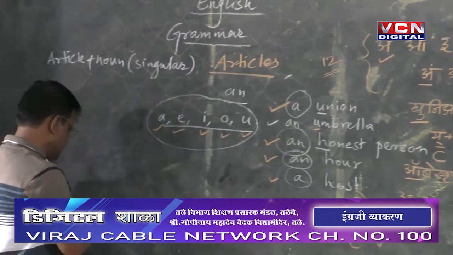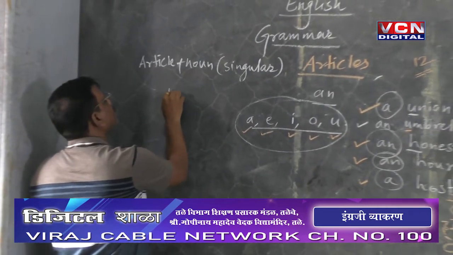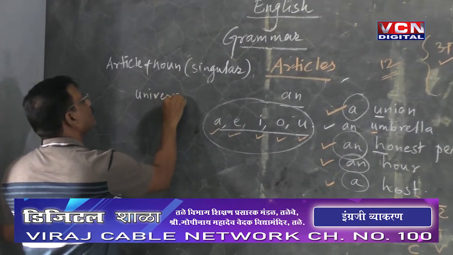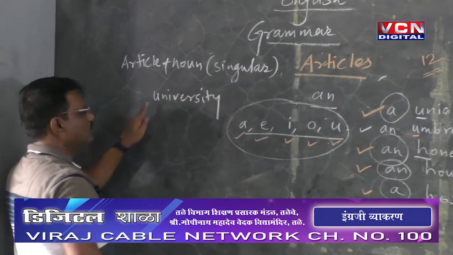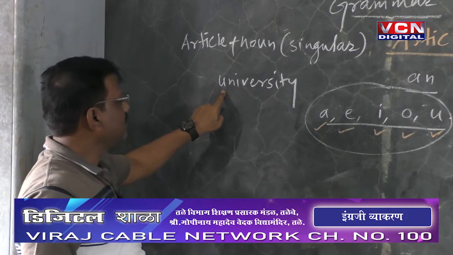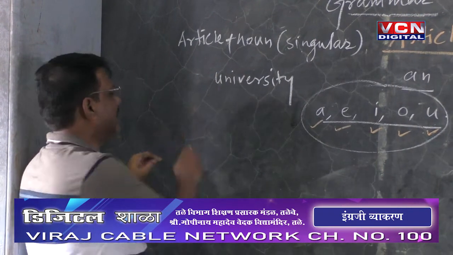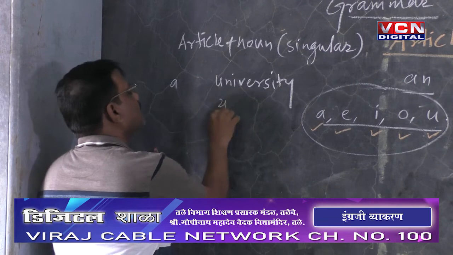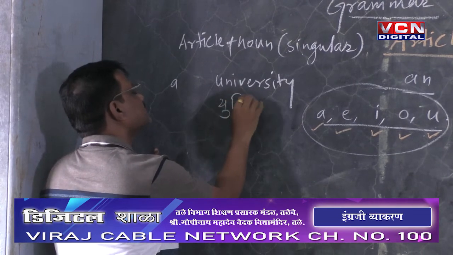In the same way, you will see it in words like university. You will easily tell me that this will take a, just because it will be pronounced like this: university.